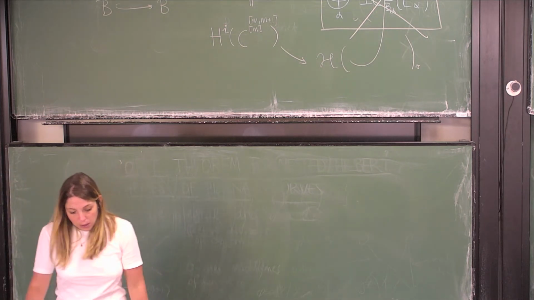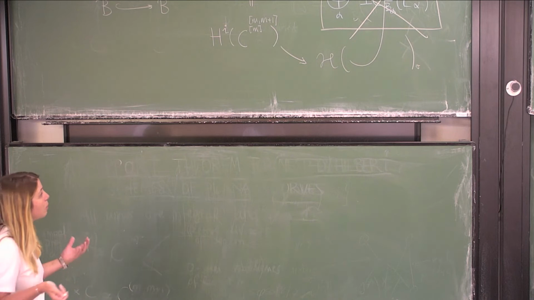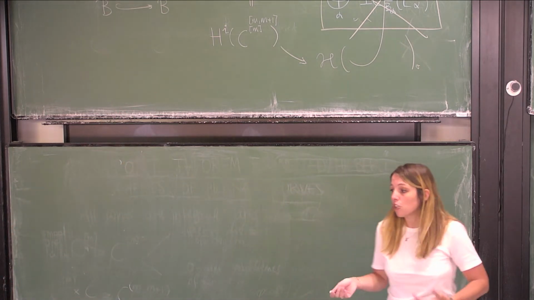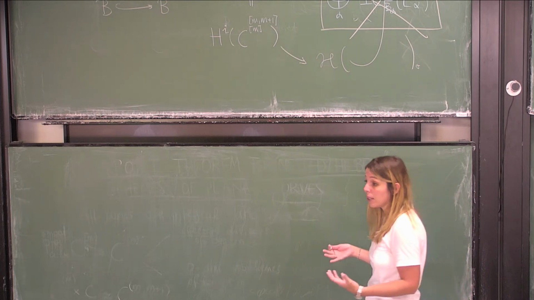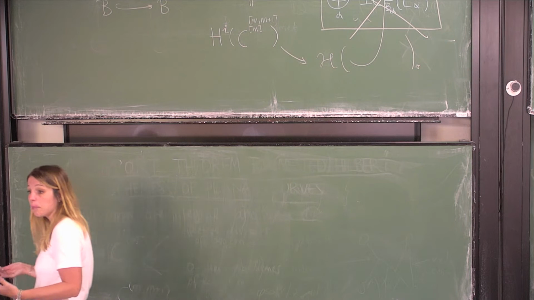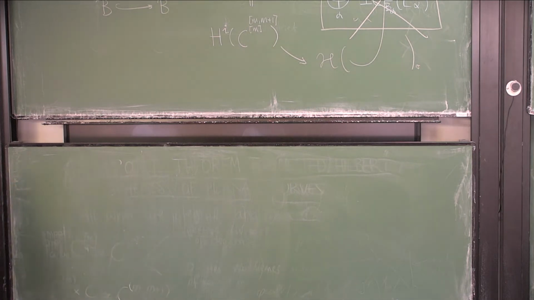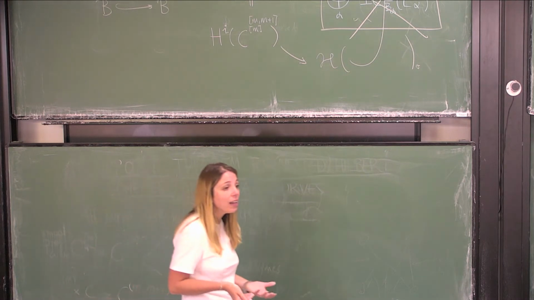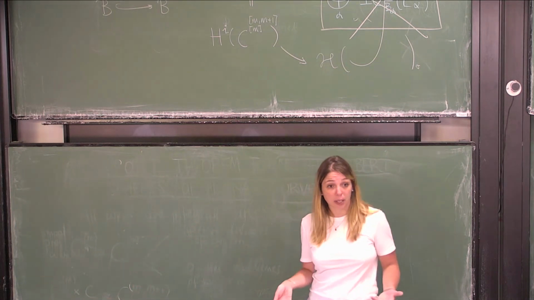So, the main problem in proving this kind of statement, which are in general called support theorems. The supports are the varieties B alpha that appear in the decomposition theorem. These varieties B alpha, these supports, are in general really difficult to determine.